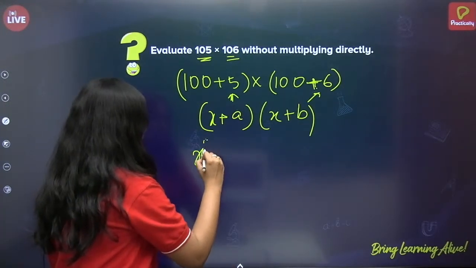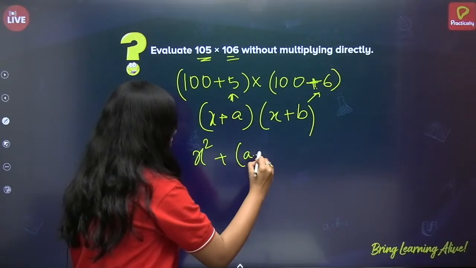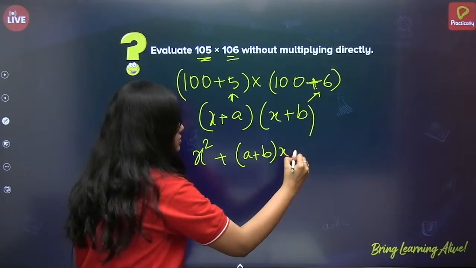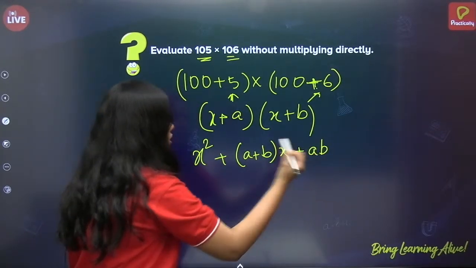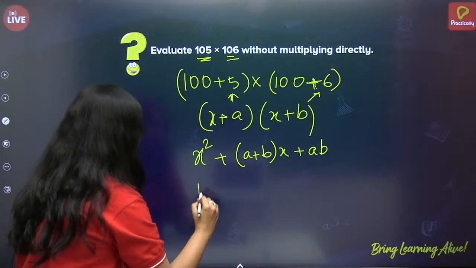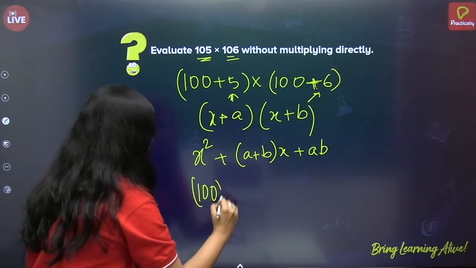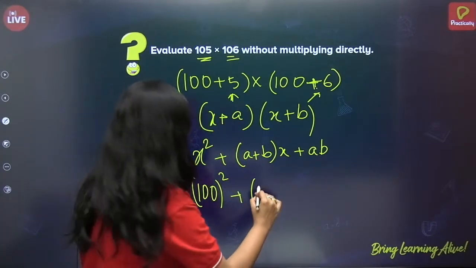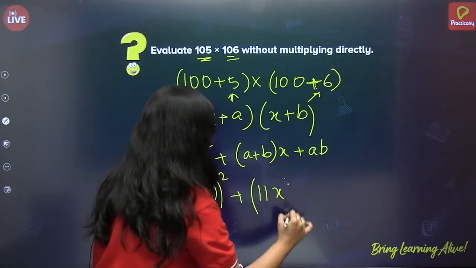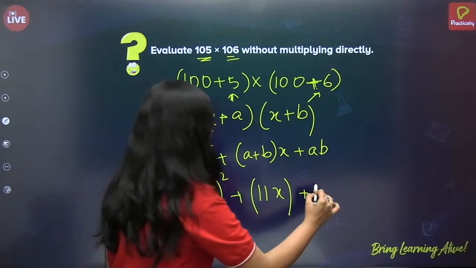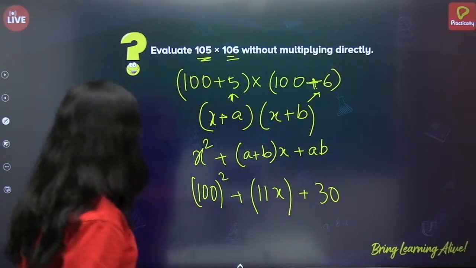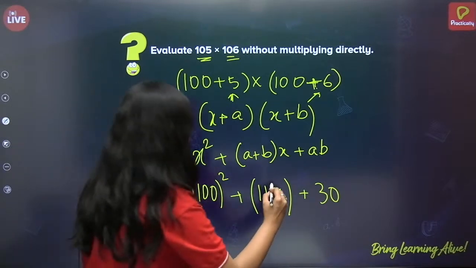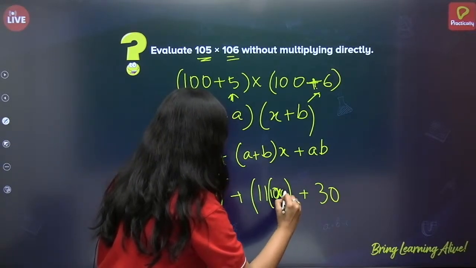So x square plus (a plus b)x plus ab. What is x? 100. So 100 square plus (a plus b), 5 plus 6 is how much? 11. 11x. What is ab? 6 times 5, 30, right? And x is 100, right?